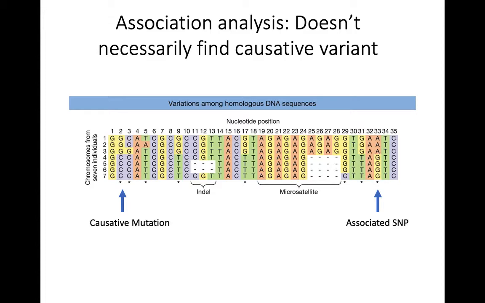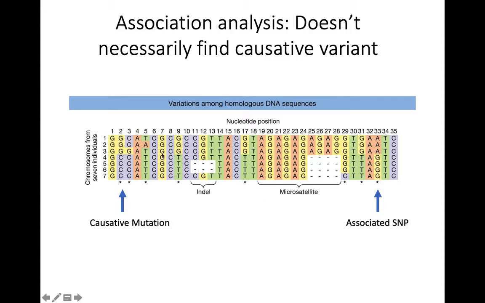One thing that's important to remember with these types of studies is that the variants identified aren't necessarily what are called causal. They may not be a variant that actually causes the disease. They simply may be physically linked to variations that cause the disease.